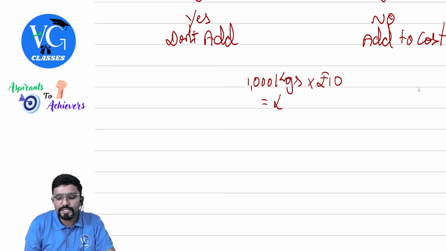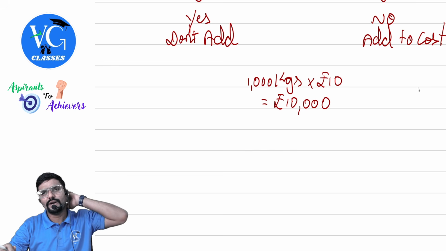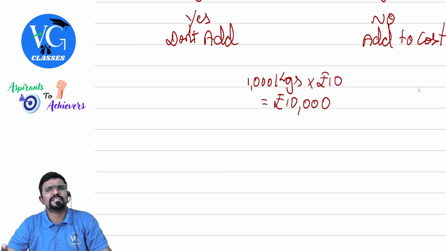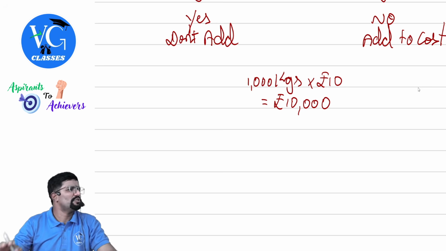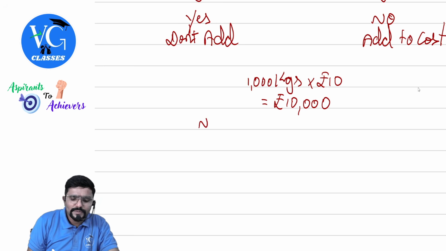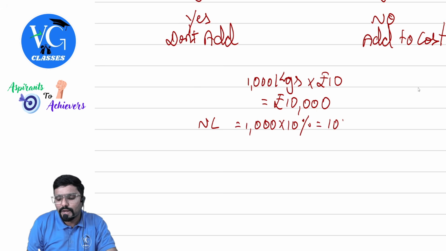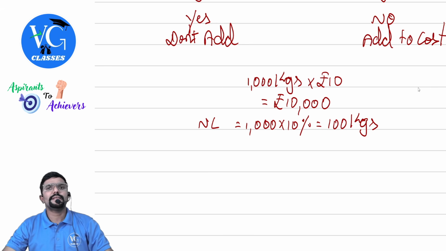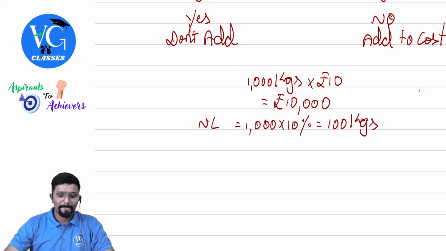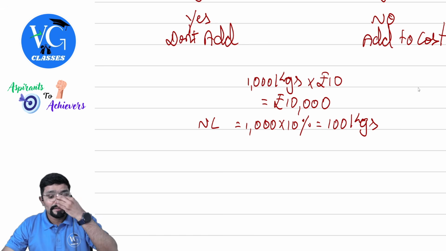What is my cost? Sorry, 10,000. Now, no matter what, 10% will be normal loss. Whatever I do, I cannot control it. So, what is the normal loss? 1,000 kgs into 10%, which comes to 100 kgs.